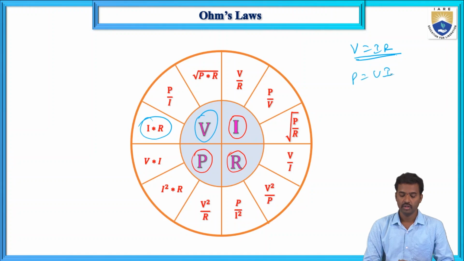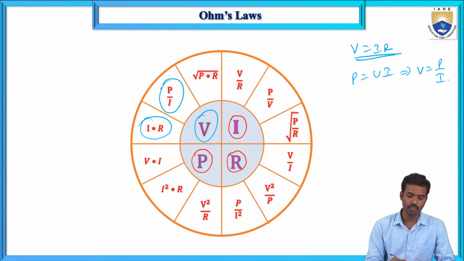From this, the voltage formula is V equals P by I.